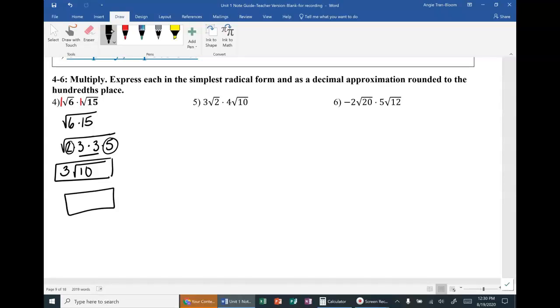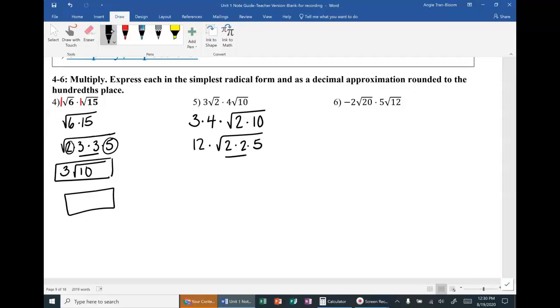Now this one, we have coefficients that are not 1, so I normally like to write them in the front, multiply those together. Then the radicals, I normally multiply them under the radical. So this is 12 times, just like earlier, I don't really multiply them. I like to break them down into prime numbers or square numbers.